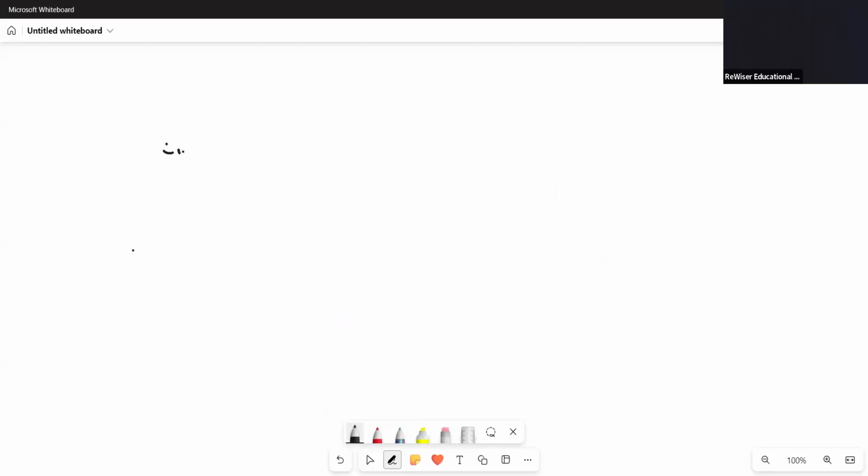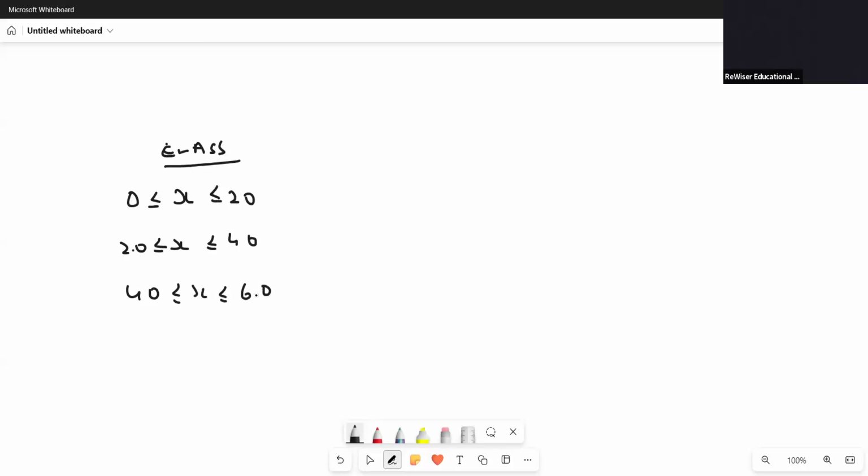Suppose you have class intervals given to you: x is greater than or equal to 0 and less than or equal to 20, then 20 to 40, then 40 to 60, and 60 to 80. As you can see, it's a continuous data distribution, but defined as classes.